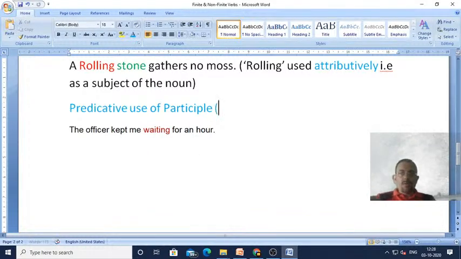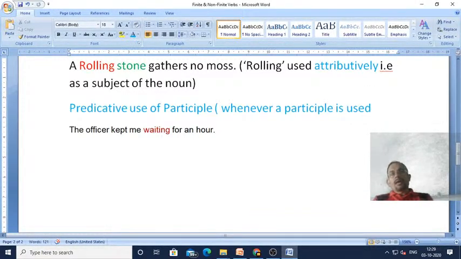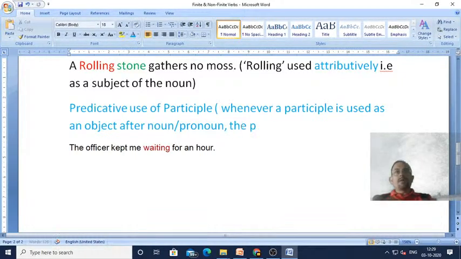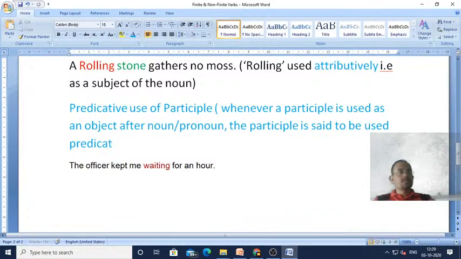Predicative use of participle, how can I write? Whenever a participle is used as an object after a noun, or it could be a pronoun also, the participle is said to be used predicatively.